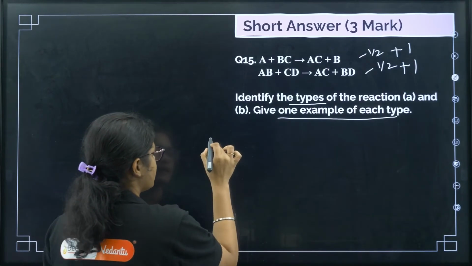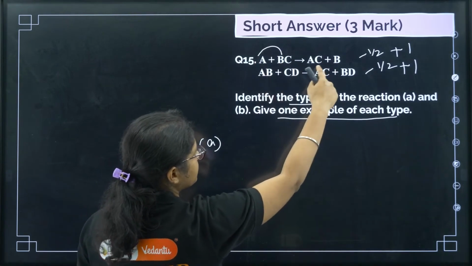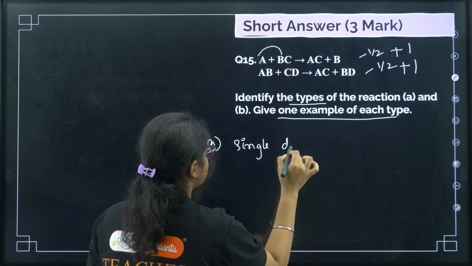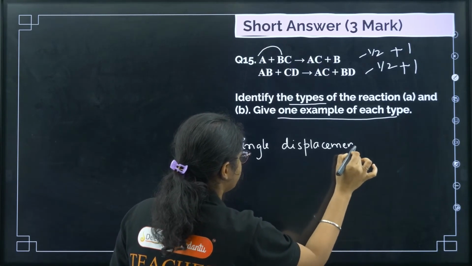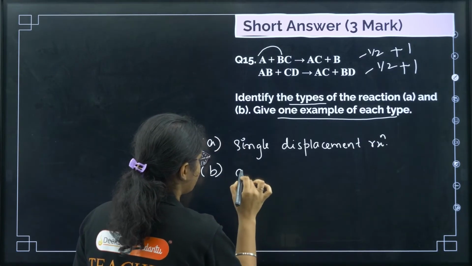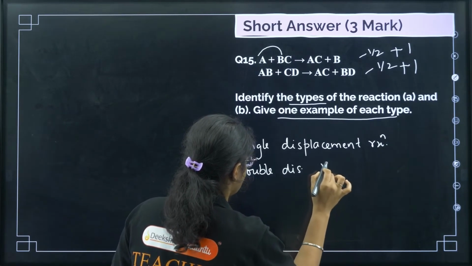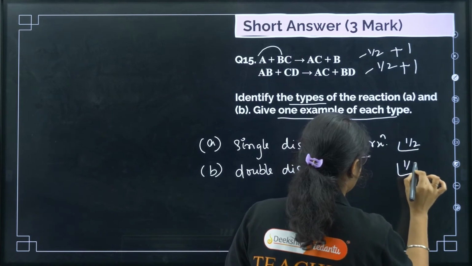So you will write the answer like this. A is what? This is a single displacement reaction. B is what? Double displacement reaction, right? So this one will give you half mark, this one will give you half mark.